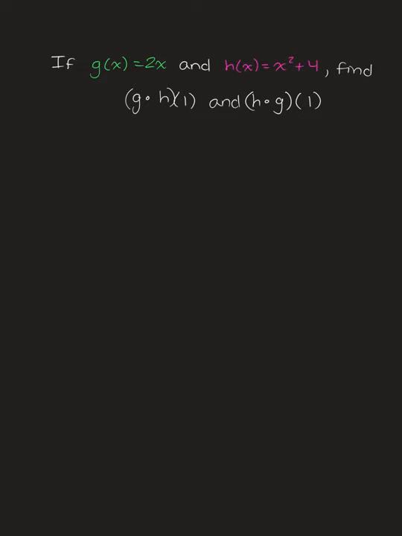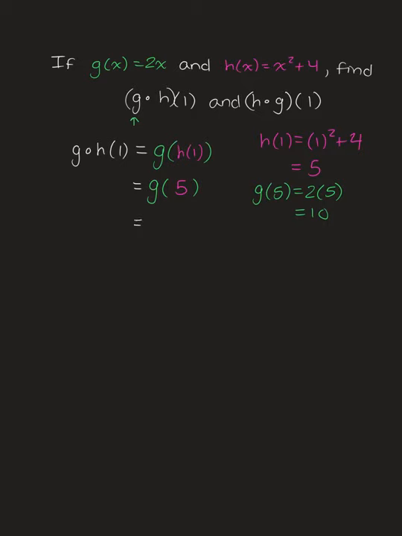So next we evaluate g of 5, because that's what we plug in. So over here, if I plug in 5 into g, well, 2 times 5 is 10. So g of h of 1 is 10.